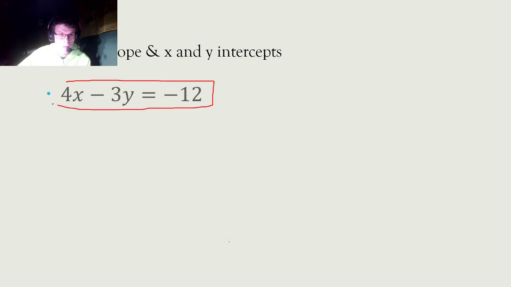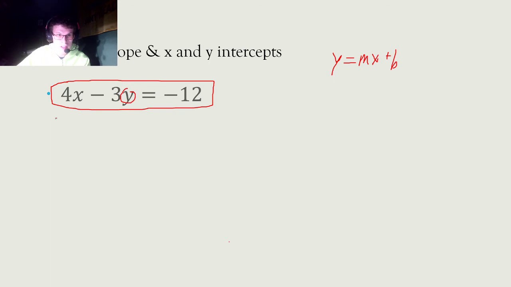So we're finding the x and y intercepts and slope of this standard form equation, ax plus by equals c. In order to find the slope, we have to change it to slope-intercept form, which is y equals mx plus b. So first, we're going to isolate the y. The y has to be isolated on its own side.